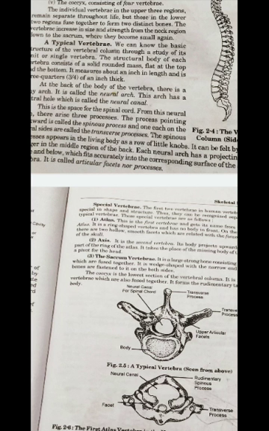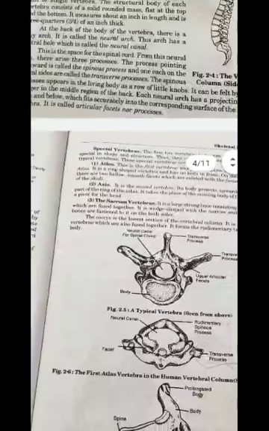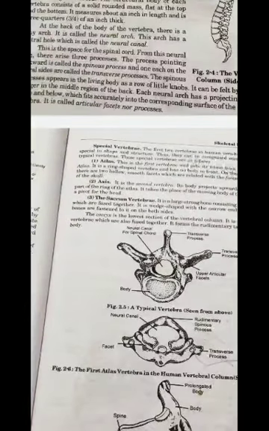Axis is the second vertebra. Its body projects upwards into the front part of the ring of the atlas. Sacrum is a large strong bone consisting of 5 vertebrae which are fused together. Here are some pictures of vertebrae. A typical vertebra is given in figure number 2.5.